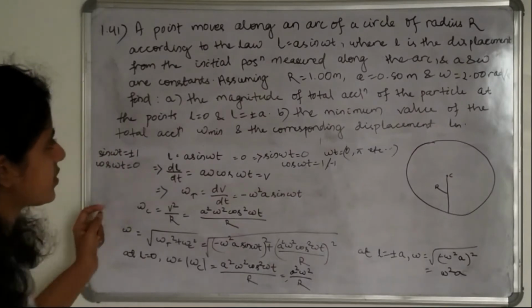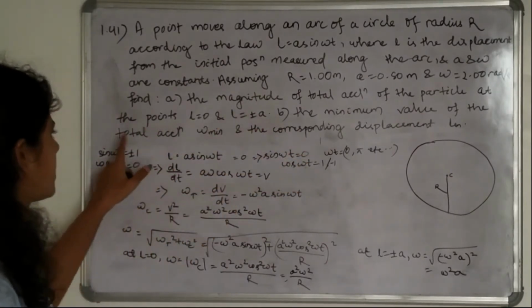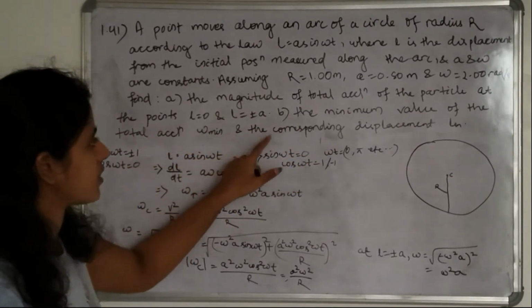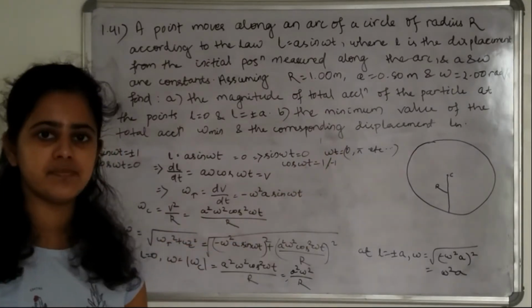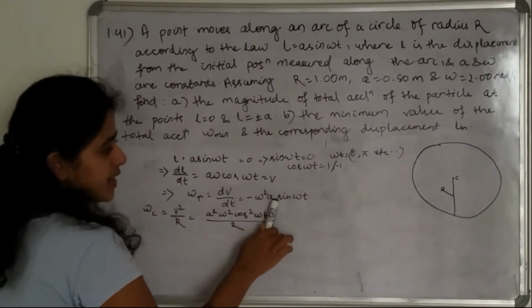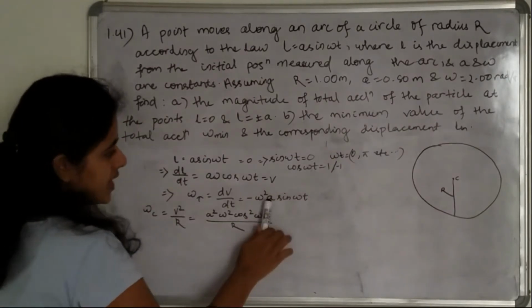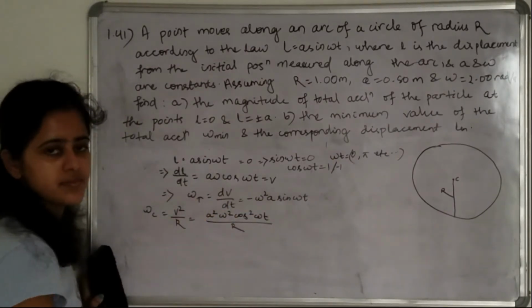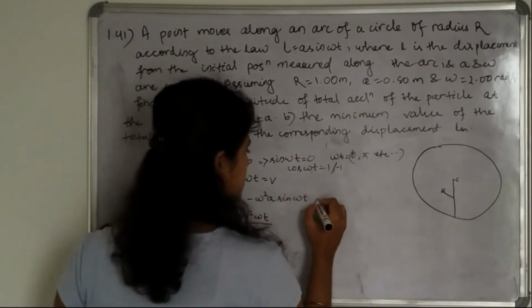Okay. Next, we have to find the minimum value of the total acceleration omega minimum and the corresponding displacement Ln. So tangential acceleration we have got minus omega square a sin omega t. A sin omega t is equal to L. By putting this, what we have got?